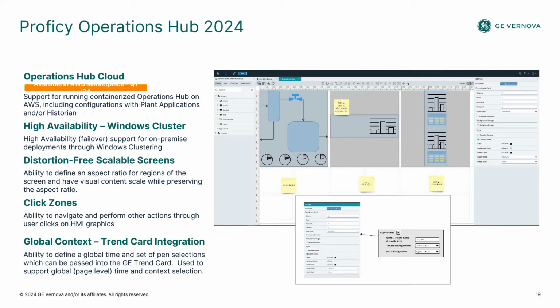We now have the availability of Operations Hub through the marketplace in AWS, as it is also available as a cloud application, as well as to run on site. We've also enhanced it with high availability options. Since this is ultimately running off a web server, we want to make sure that in a more highly available solution, in addition to having the SCADA server be highly available, your clients are available as well.